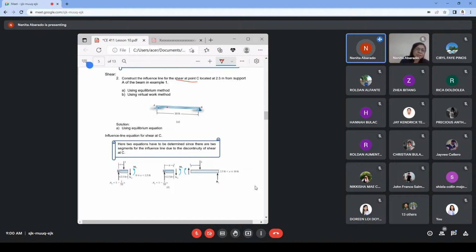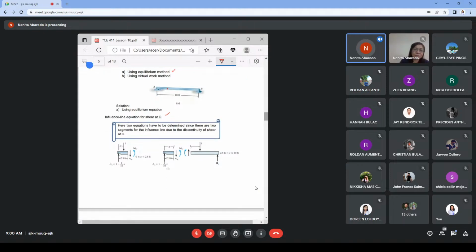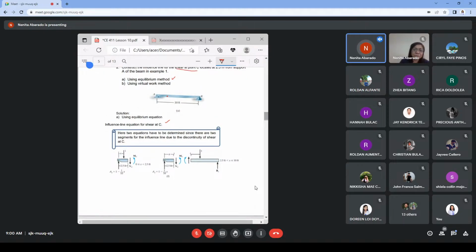So let us have first the equilibrium method. So using the equilibrium method for shear at C, what you're going to do is we're going to get the equation. How to get the equation? Diba? To get the equation, ating ikakat siya to get shear equation.